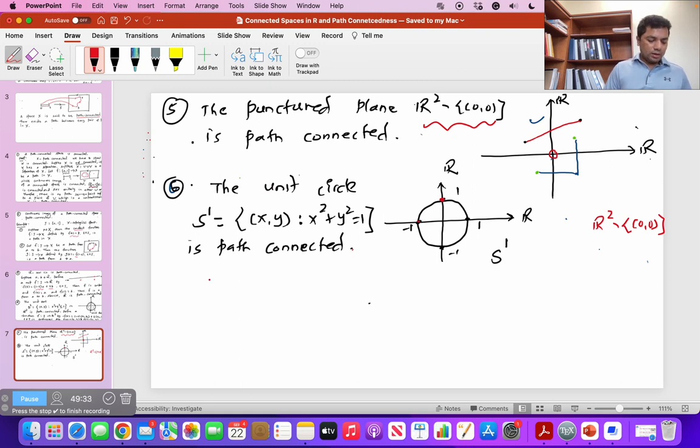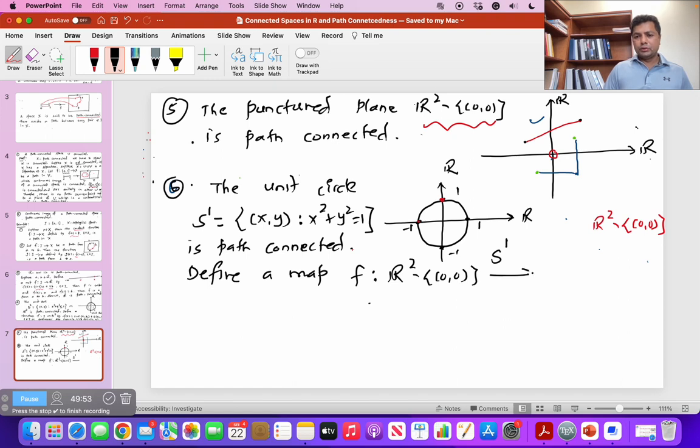Okay, so let's define a map f from this punctured plane to the unit circle in R2 by this relation.